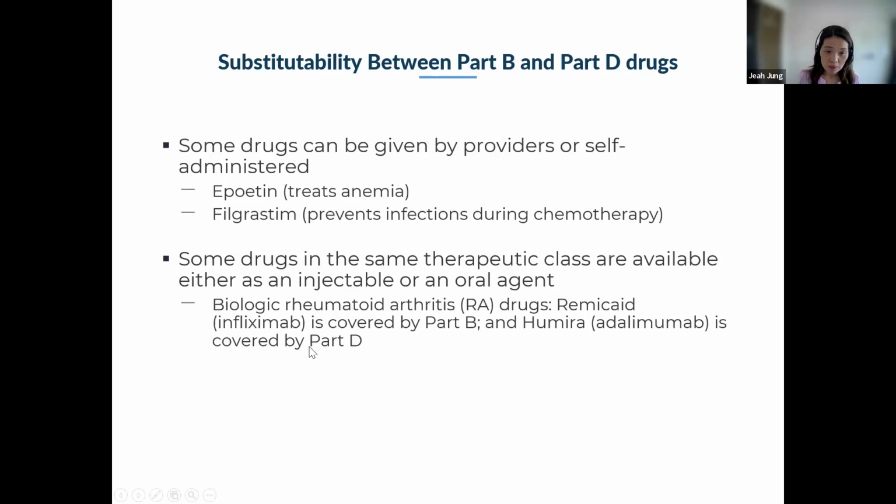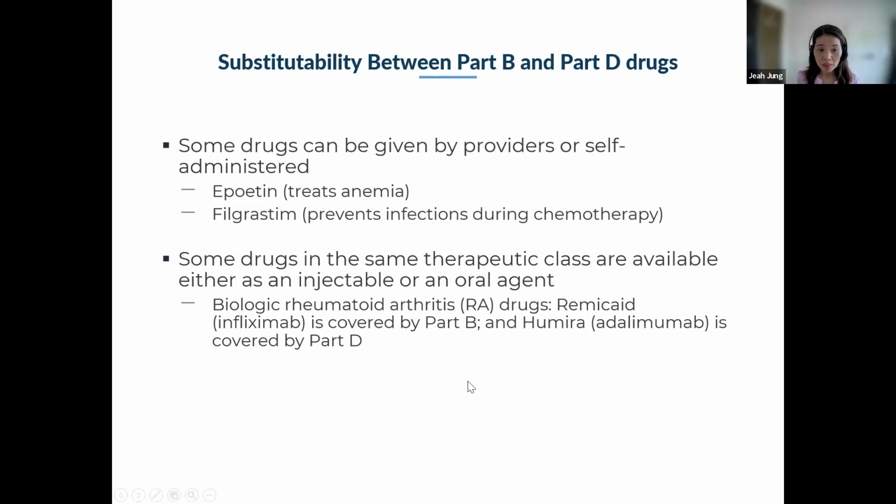And then another type of this Part B versus Part D drug comparison is that there are some drugs in the same therapeutic class. These are not exactly the same drugs. However, drugs in the same therapeutic class are available either as injectables or an oral agent.